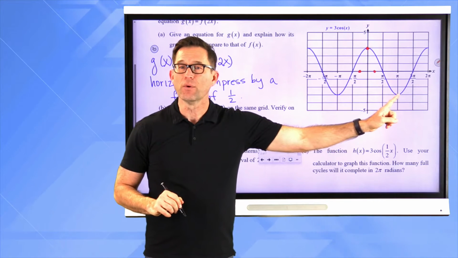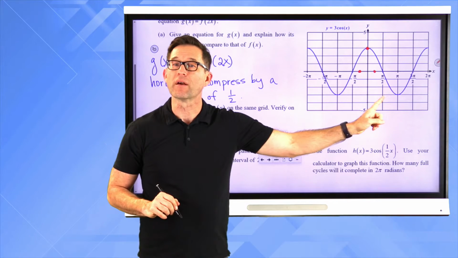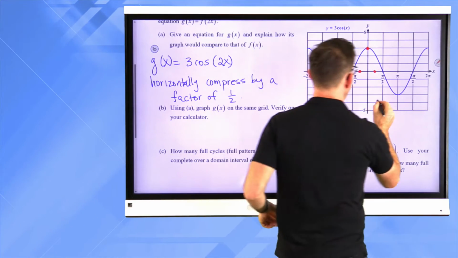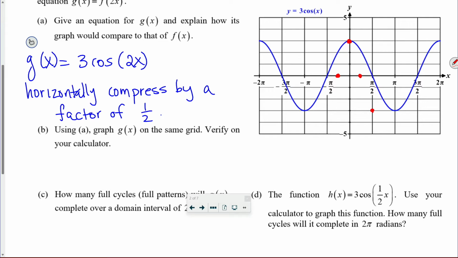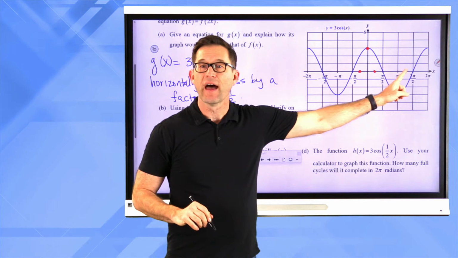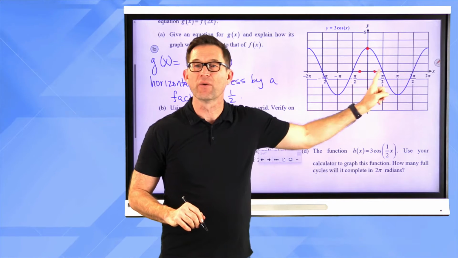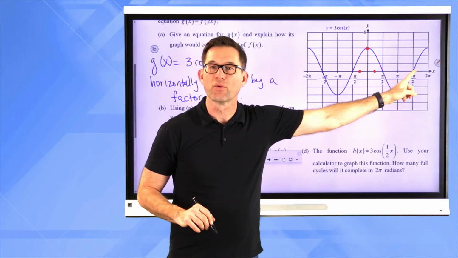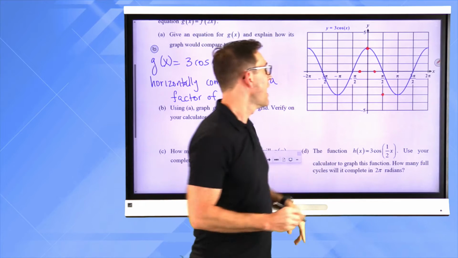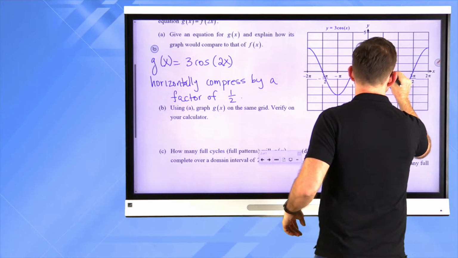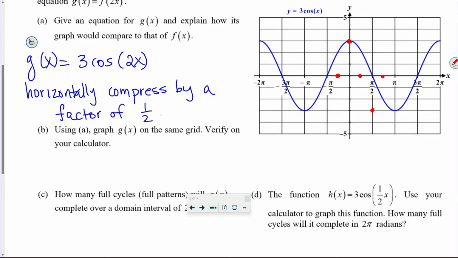This minimum value, which is at pi, will now be compressed, so it's at pi over 2. This at 3 pi over 2 is a little bit tricky. You can think about it as 1 grid line, 2 grid line, 3 grid line. It will be here at 1.5 grid lines. And there at 2 pi, we're now going to be like that. So let's do it also on the other side.